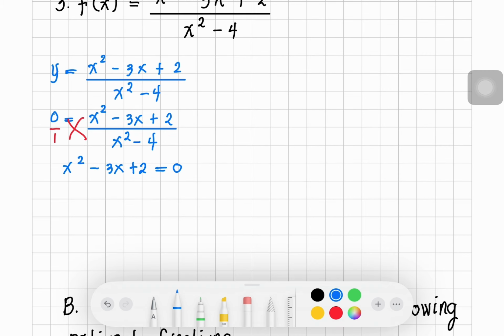So how do we factor? Alam naman natin yan. So we factor the first term, right? The first term and then the last term. So guys, dito, madali lang yan. Since positive 2 yon, and ito ay negative 3x. Ibig sabihin, yung factors natin parehas ay negative. Kasi negative times negative is positive.